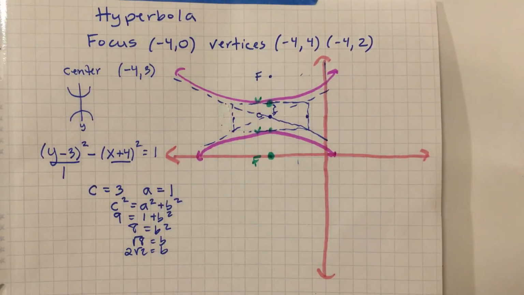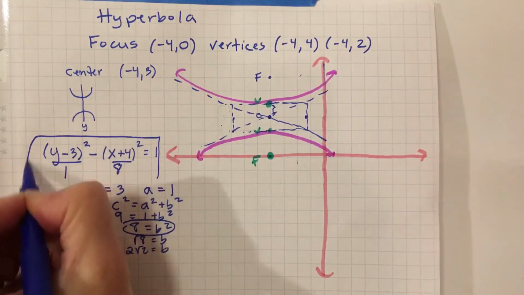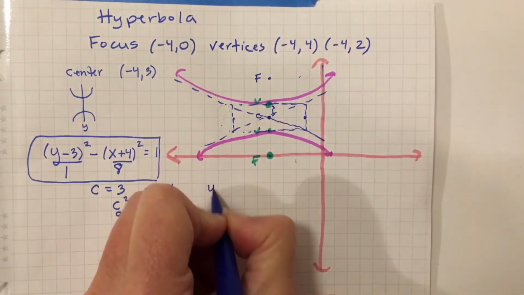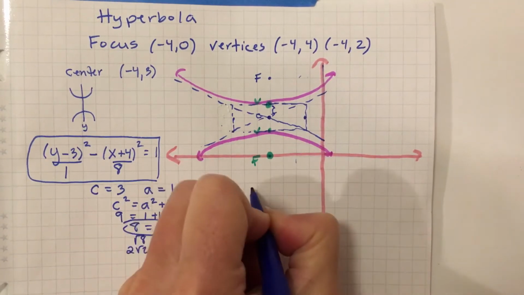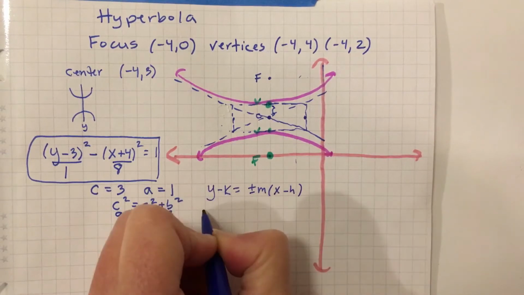Okay, so let's finish our equation. The number underneath the x term is always b squared, which is already here, so that's 8. So there's our equation. The foci are at really nice points, so I don't have to add those, but I do have to add the equation of the asymptotes. Remember, that's y minus k equals plus or minus m times x minus h, where h and k are the center.